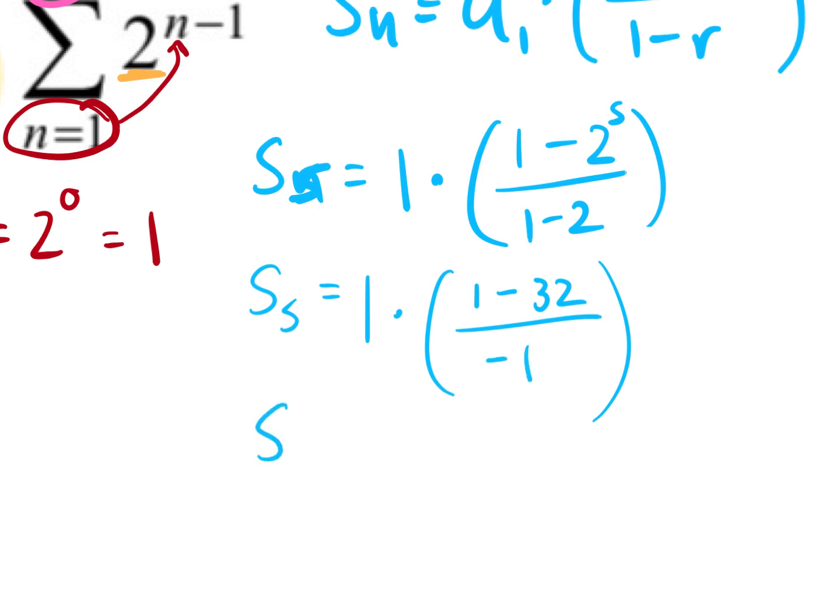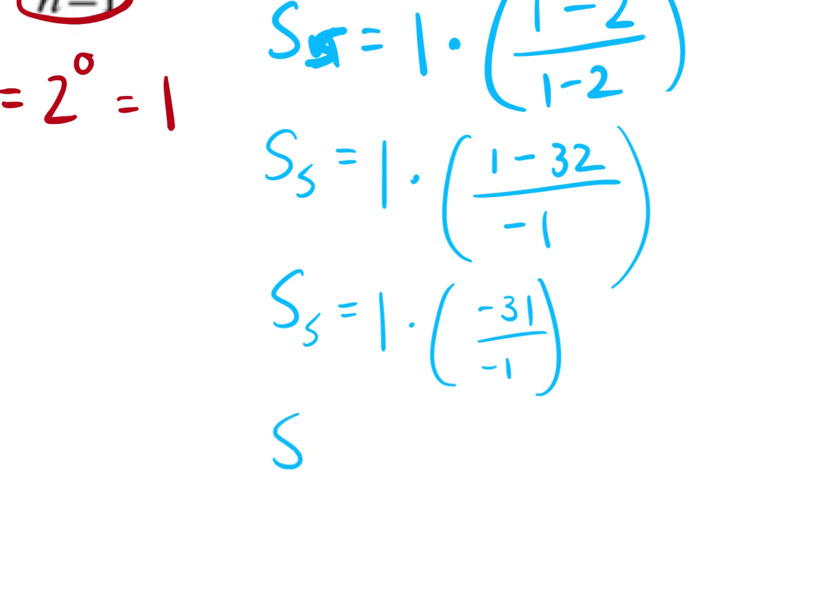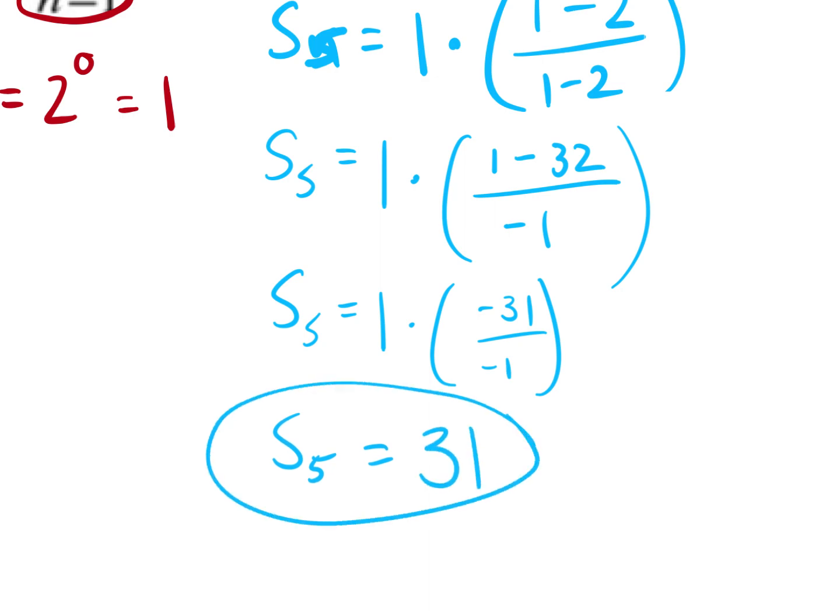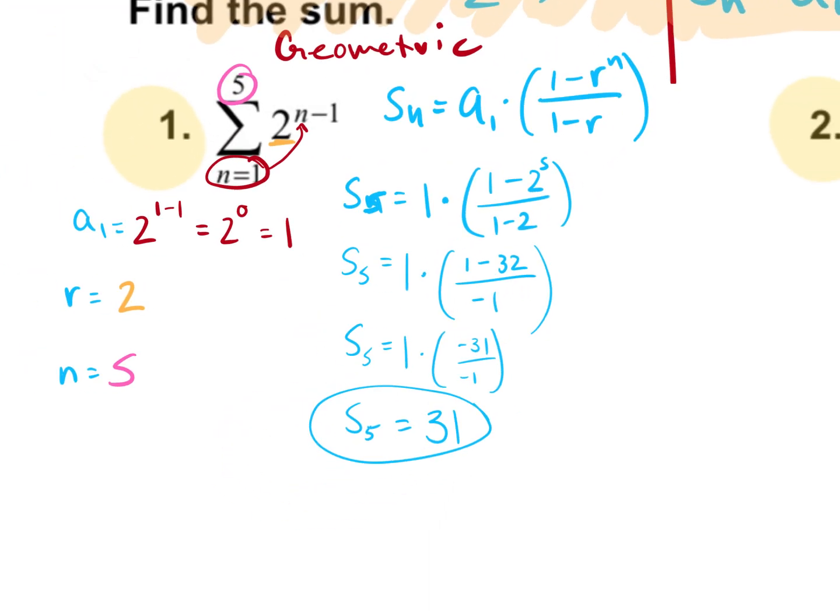Negative 1. So the sum of our 5 terms would be 1 times 1 minus 32 would be negative 31 over negative 1. So what would our sum be equal to? 31. Awesome. Any questions here?